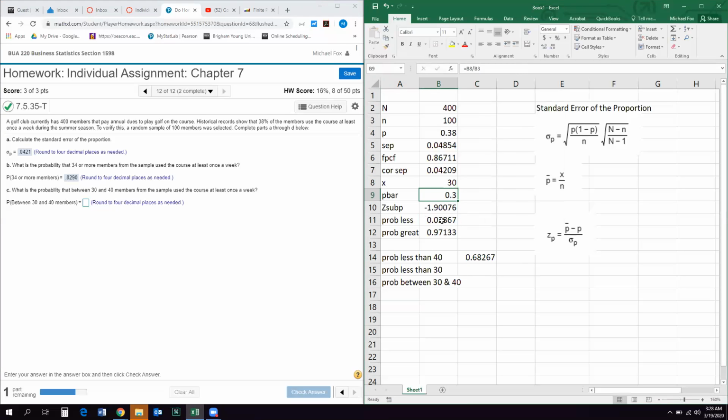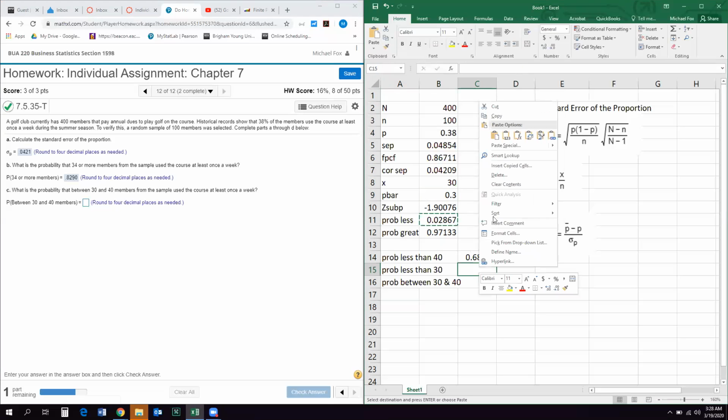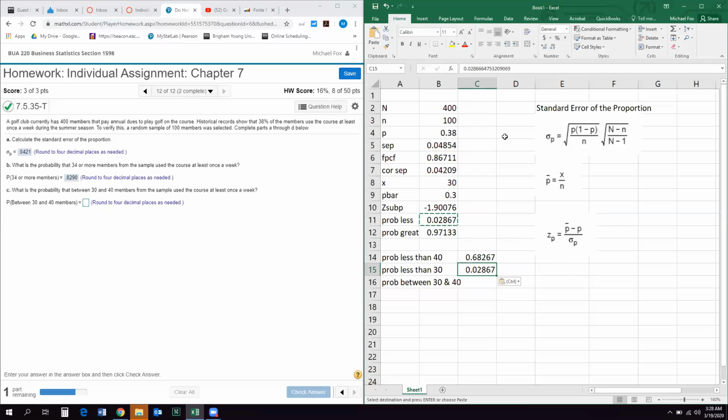I'll take my probability that is less, copy that, and paste the value. Whoops, I did something weird. Make sure that's right. Yeah.